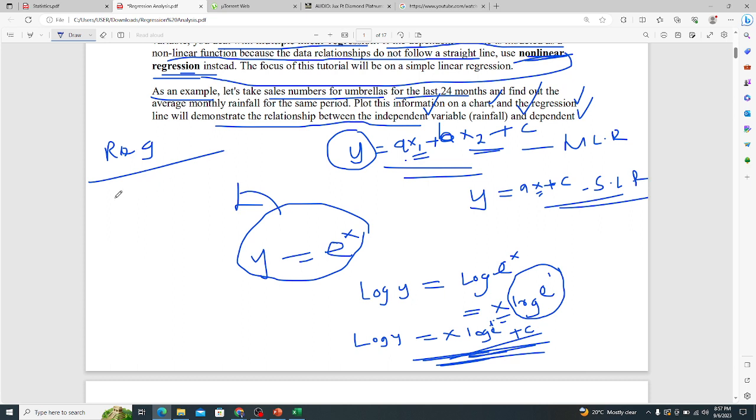The first method is by use of a scatter plot with trend line. Don't worry about my handwriting, I'm just drawing.